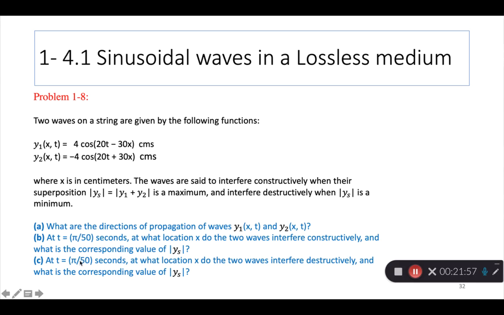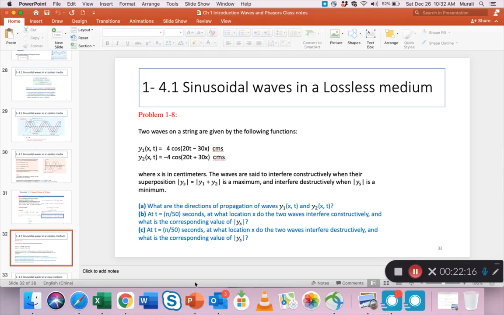Also, at that same time, t equals pi by 50 seconds, at what location x do the two waves interfere destructively? That means when is the sum of the two a minimum? And what is that corresponding minimum value of the magnitude of ys? So that's what is being asked.